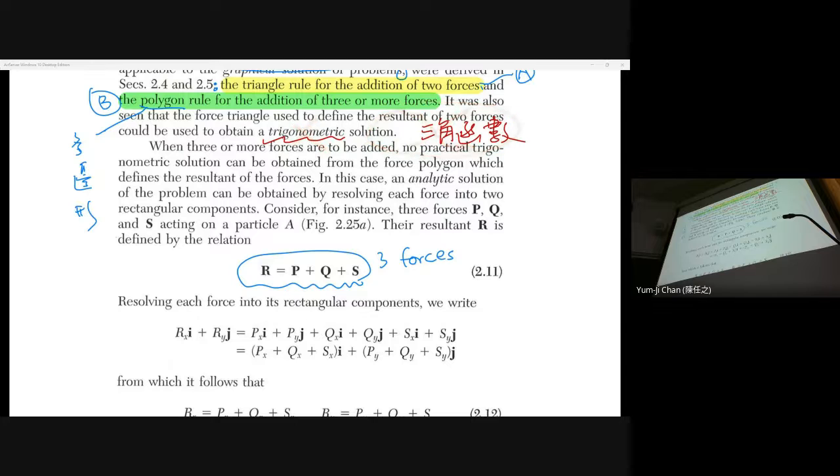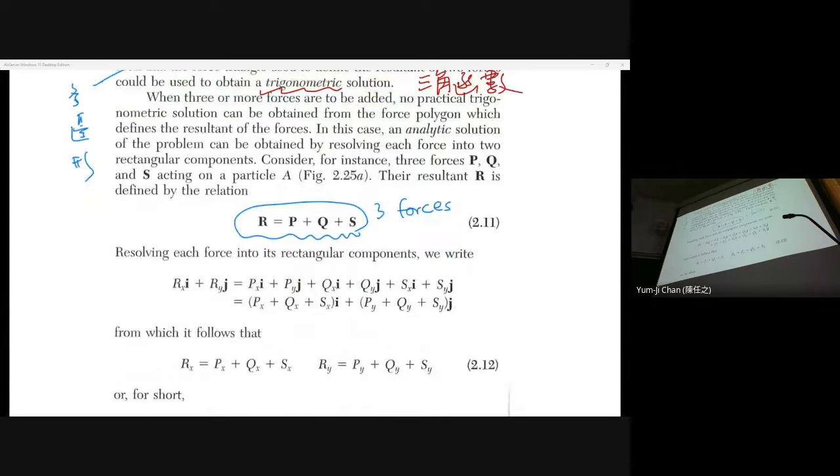So what we usually do, if we add three or more forces together, is break them down into i and j, and then we add the x components and the y components separately.